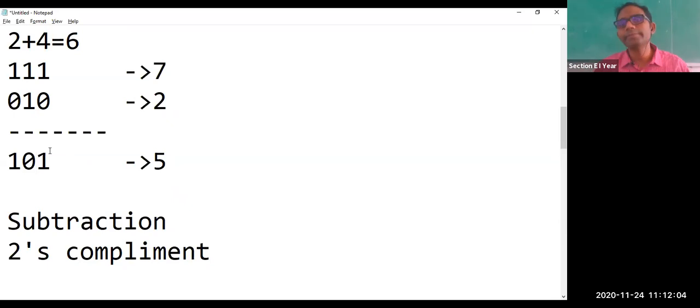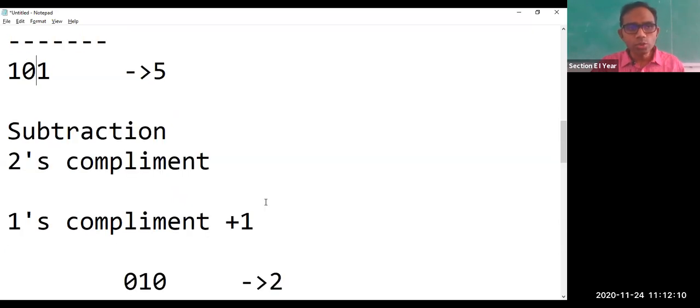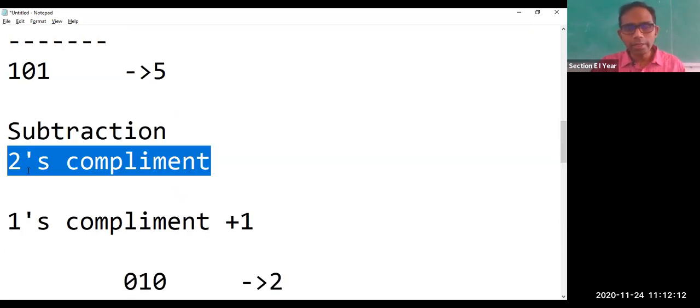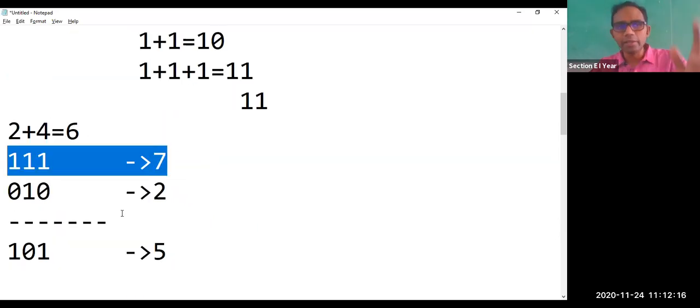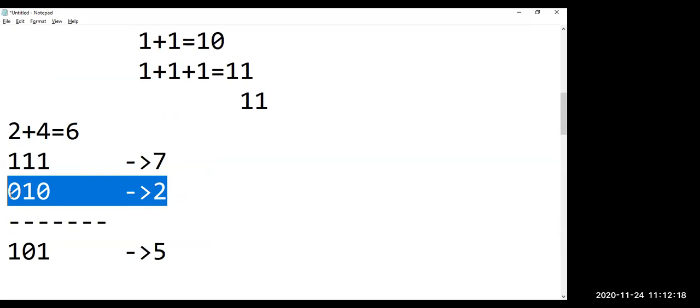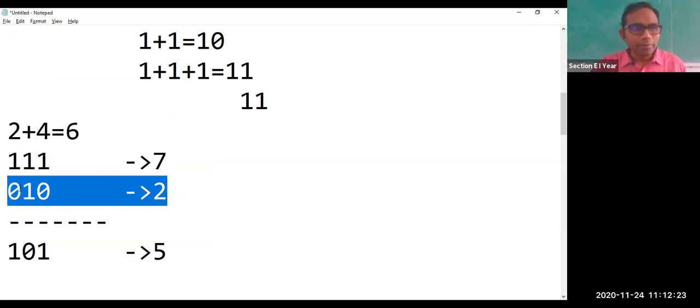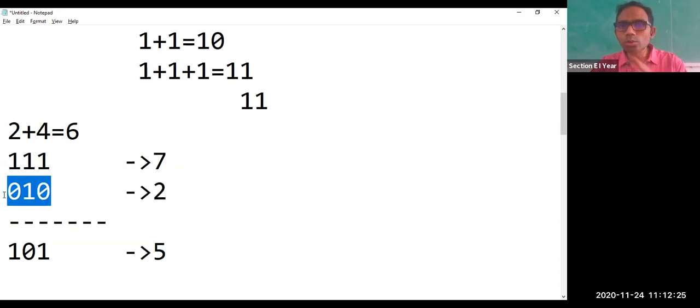Understood subtraction? In subtraction, you are again doing addition, but you take one number and make it a 2's complement. Here 7 is there, leave the 7. Take the lesser number. If both are equal, take any number. Convert this binary number into 2's complement.